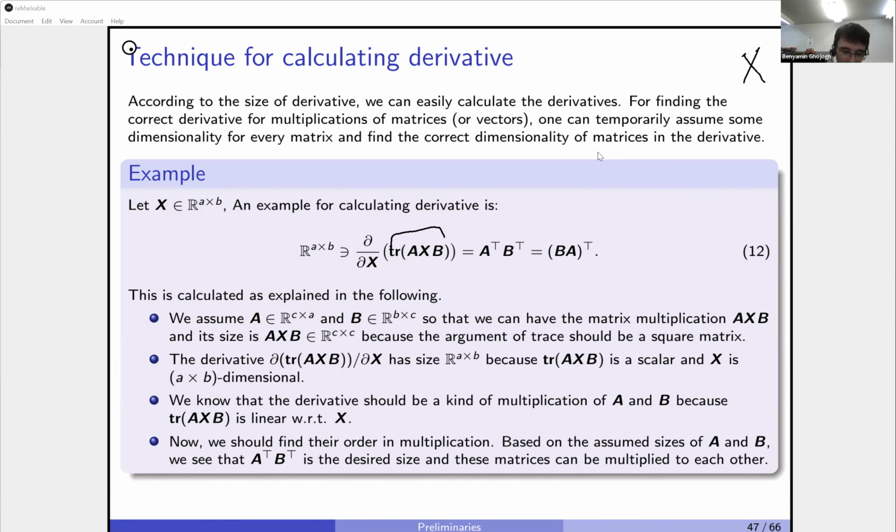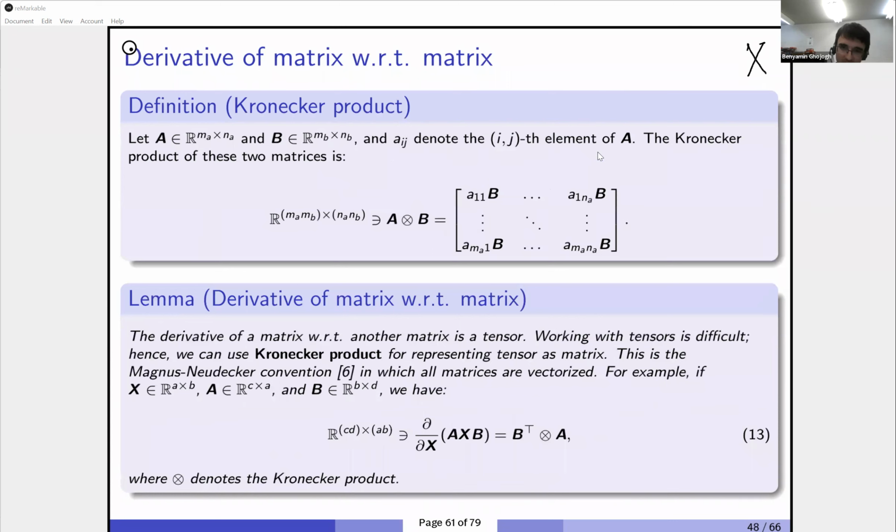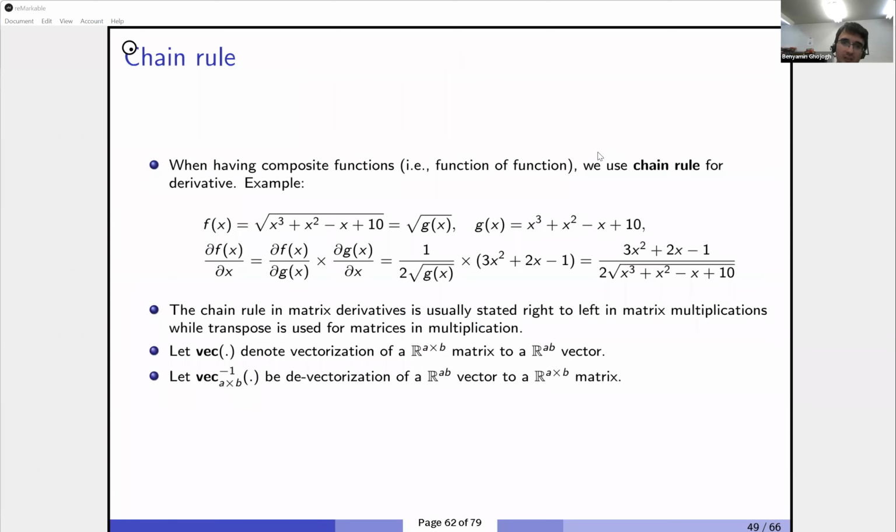These are some things that you can use for calculating derivatives. I'll leave these to you as optional. This slide also is based on the Kronecker product. You can look at these, or ask me later if you want. We can have a session for discussing these, but I can leave them out of scope for interested readers.